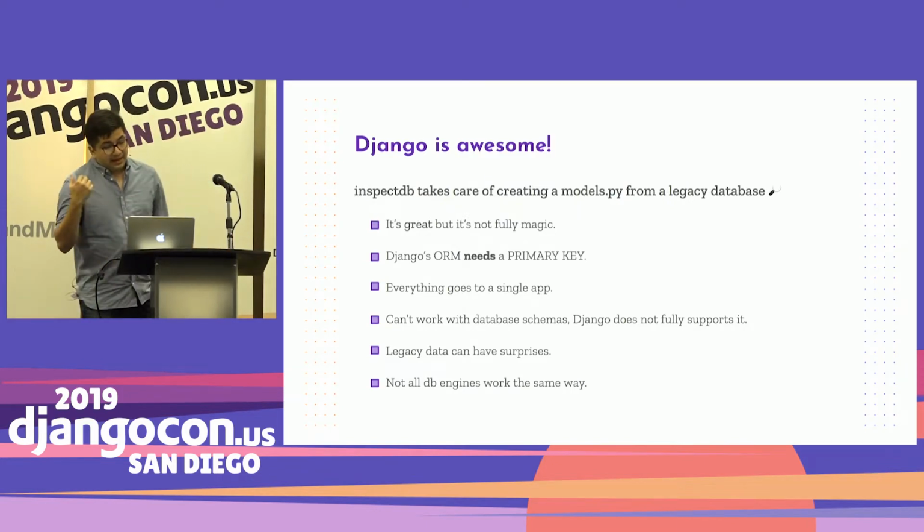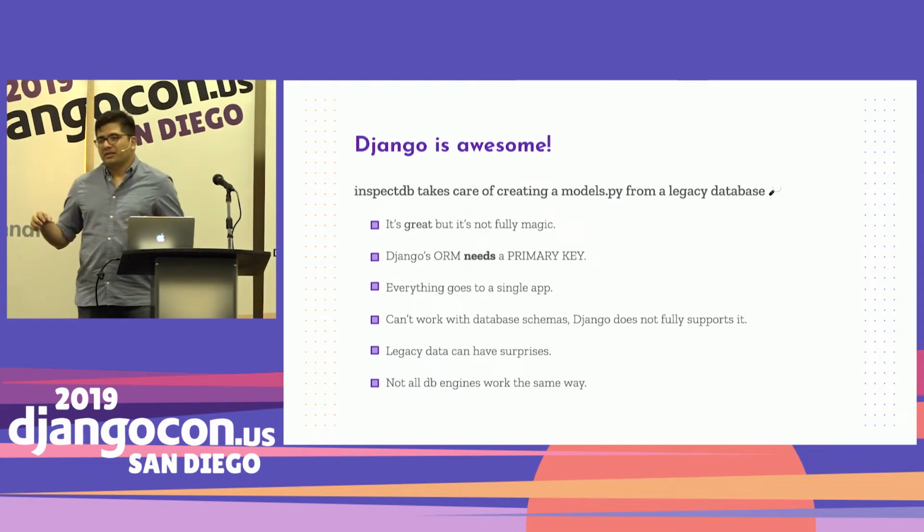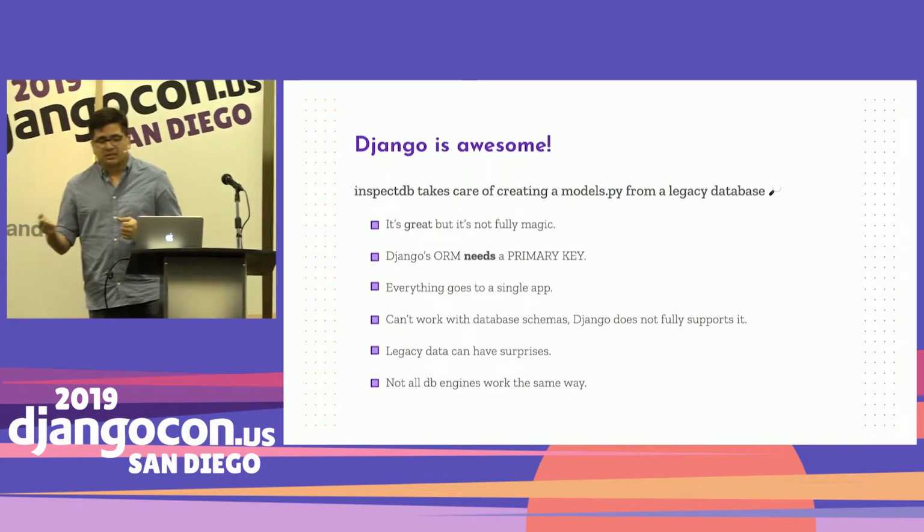So inspectdb is great, but it's not super magic. It's not fully magic. Sometimes it fails when you have a database that has a field that is not supported by the Django ORM. In that case, Django puts a text field, and it leaves a comment that says, hey, we cannot guess this field. So come back again and make it better. You can implement your own field class.